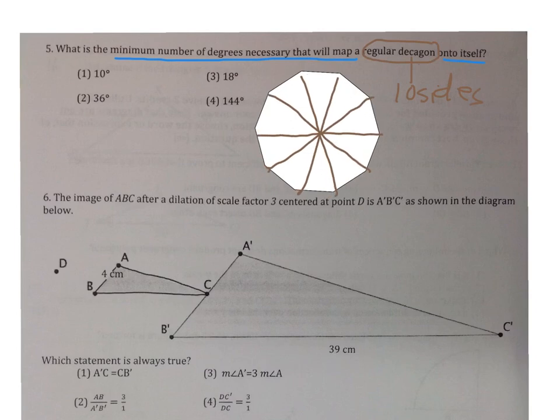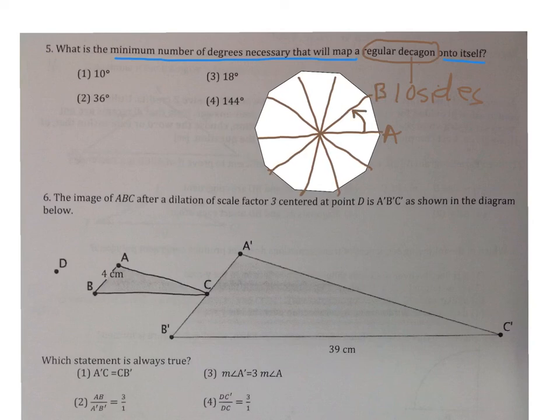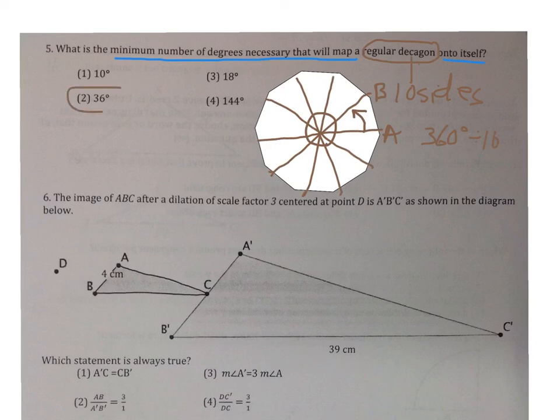So you're talking about doing a rotation of this many degrees to bring, let's say, point A onto point B again. So it's 360 degrees all the way around inside a circle, and we're going to be just dividing that by 10 to get 36 degrees.